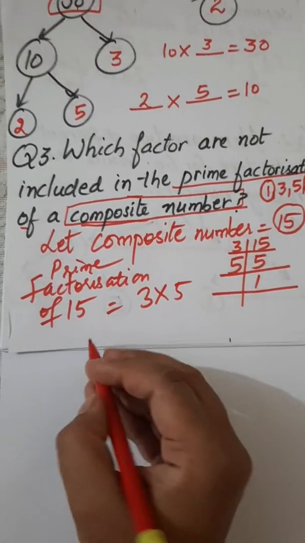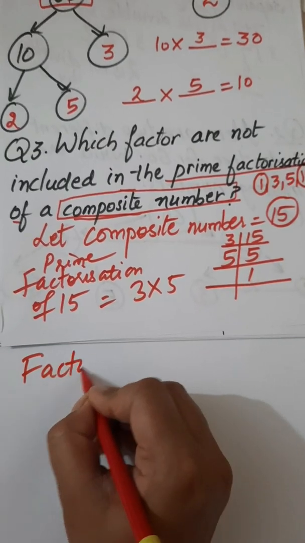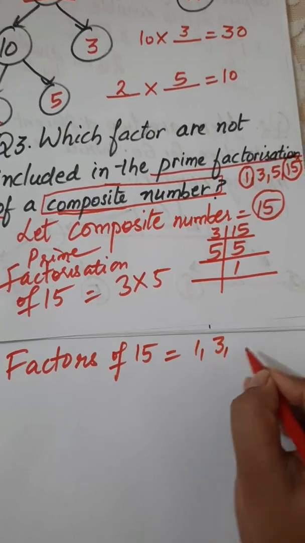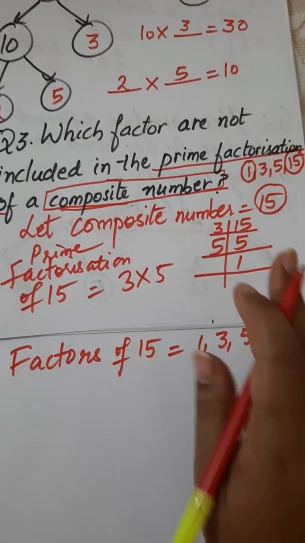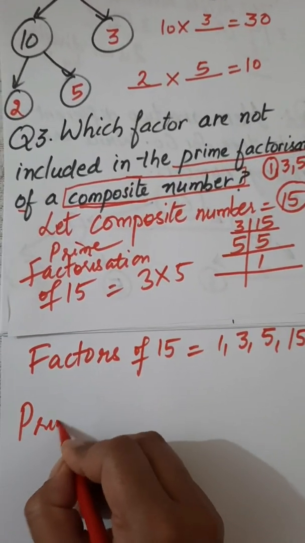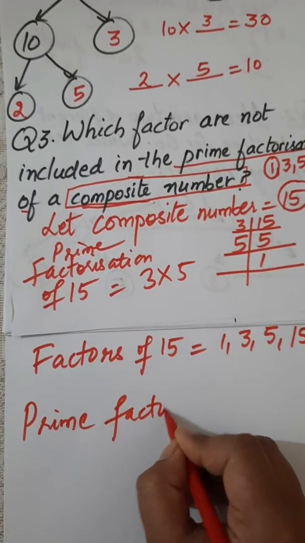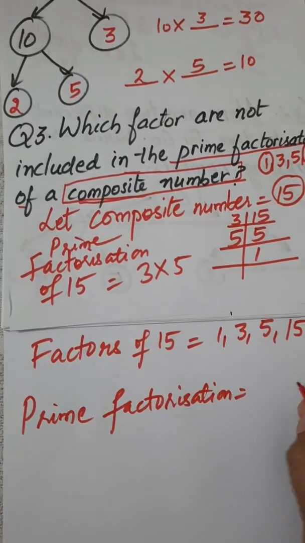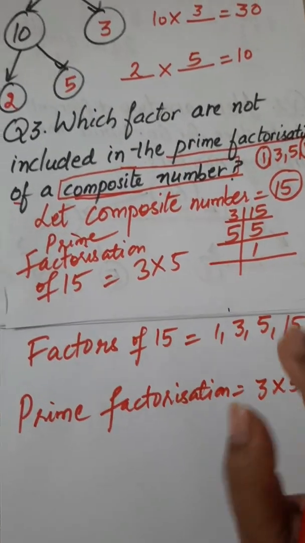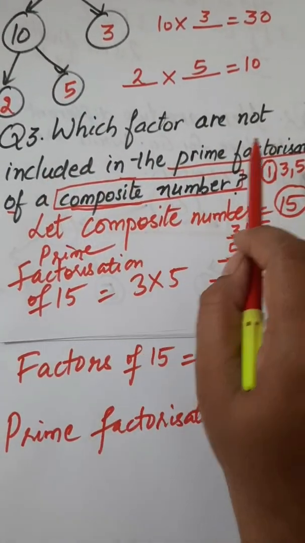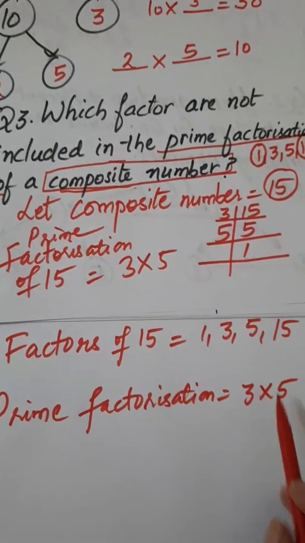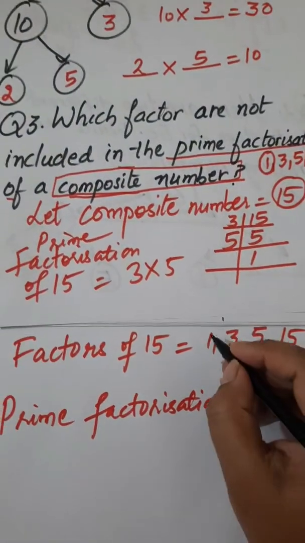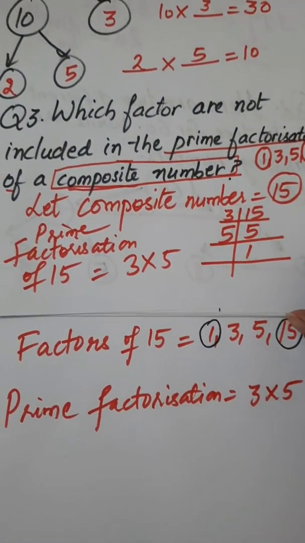So again I am writing, factors of 15 are 1, 3, 5 and 15. Now the prime factorization is 3 multiplied by 5. Now the question is, which factor are not included in the prime factorization? That is 1 and the number itself.